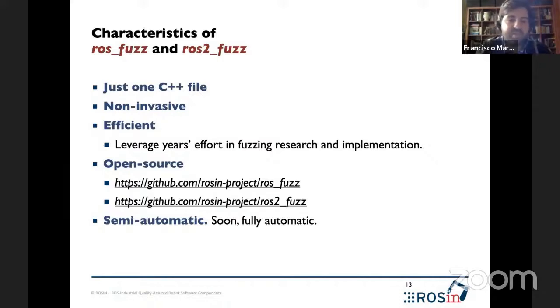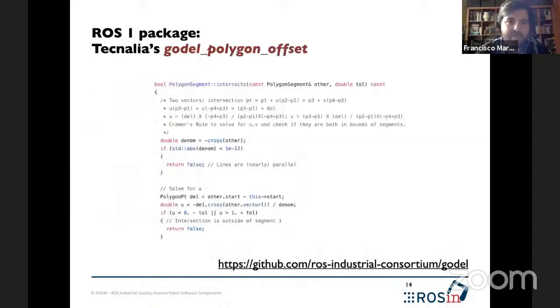It is also efficient, as it's leveraging many years' effort in fuzzing research and implementation. And it is also open source. Here you have the links, and you'll find them in the last slide as well. And finally, it is semi-automatic, but soon we plan to make it fully automatic.